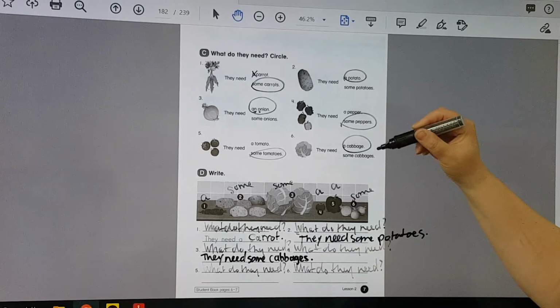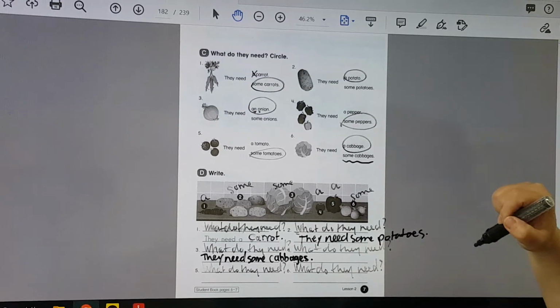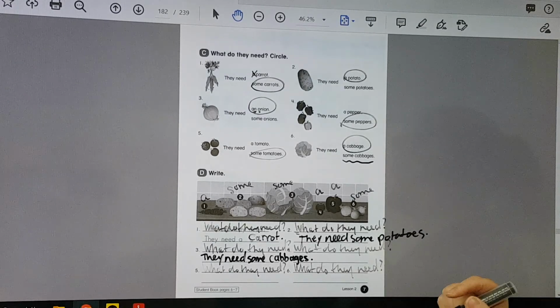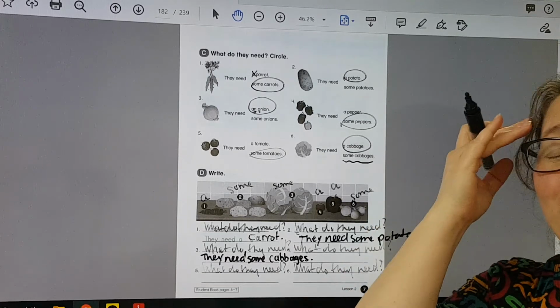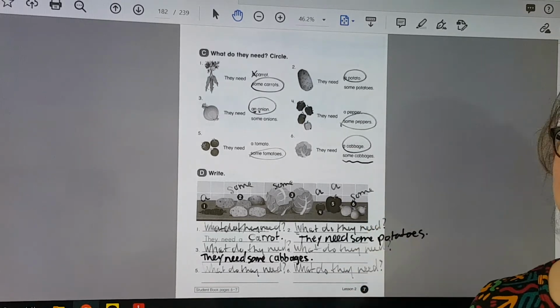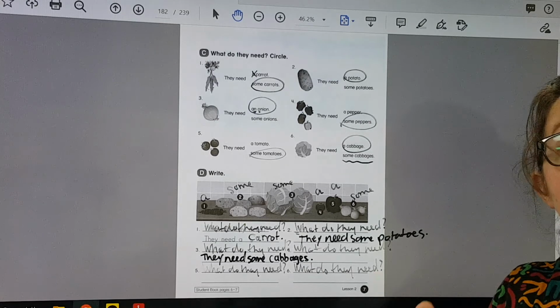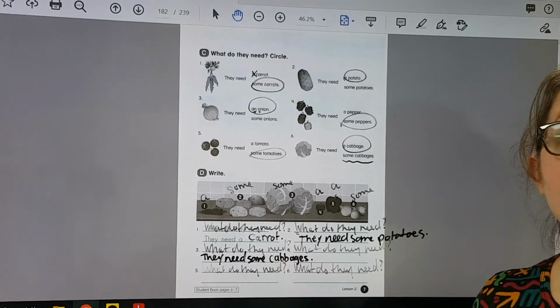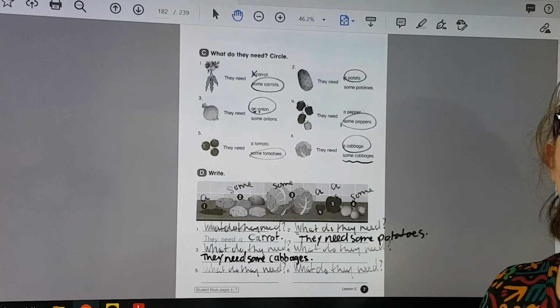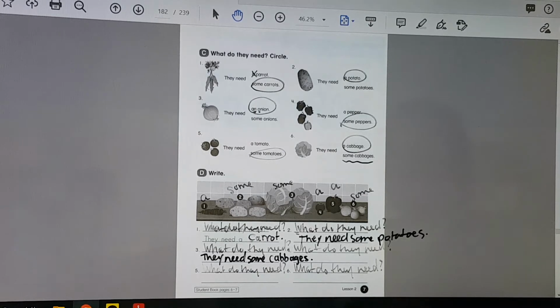We also have it up here, some cabbages. So you can see it right there. You don't have to look at another paper. But it's very good if you can remember the spelling. So when we have a test or when you're writing a letter, you can just remember how to spell the words. All right, number 4, what do they need?